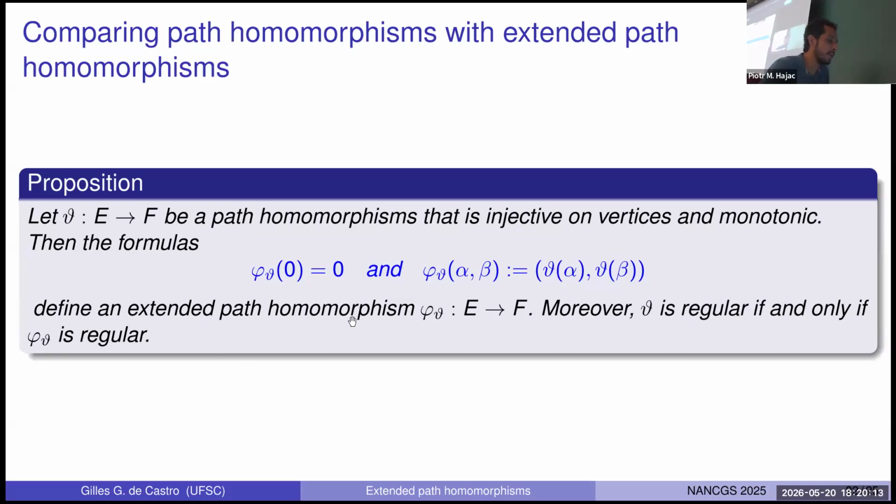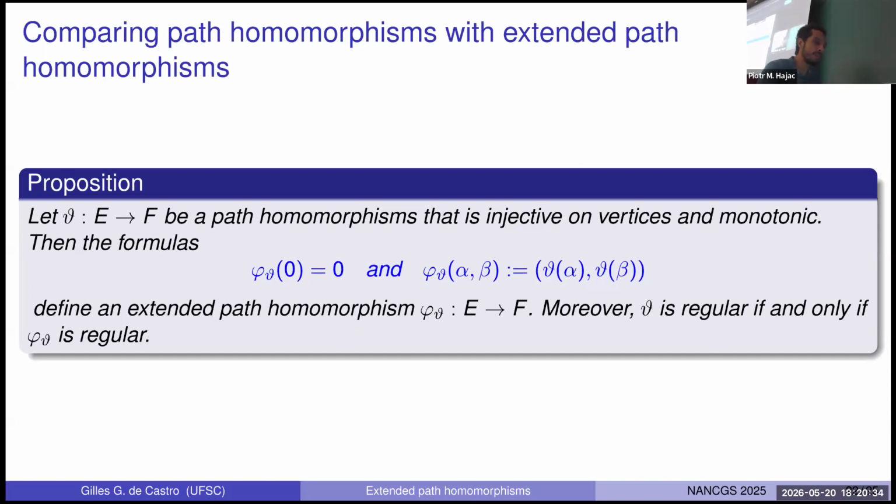There are no sums over there, and that's why we can show that this is again an extended path homomorphism. And if you want to talk about the regularity, so we had this notion of theta being regular, which was that definition that, as I said, is kind of difficult to parse, but it's equivalent to the notion using covers.